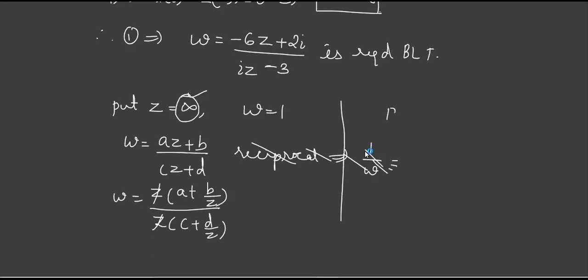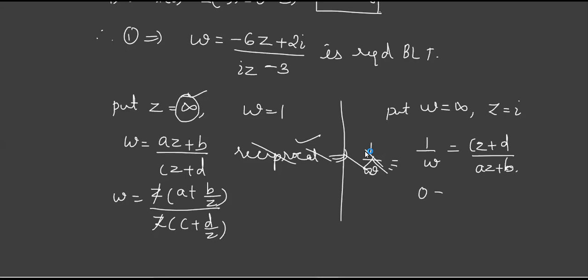Similarly, suppose I have any point W as infinity. What is to be done then? You should take a reciprocal that time. 1 by W will be CZ plus D divided by AZ plus B. So W is infinity means 1 by infinity, this becomes 0. Suppose Z is i.